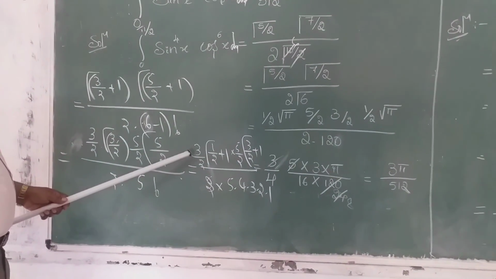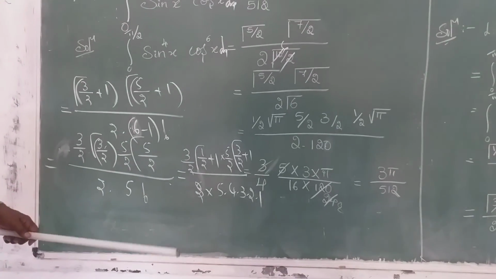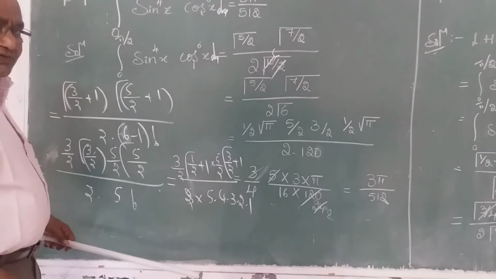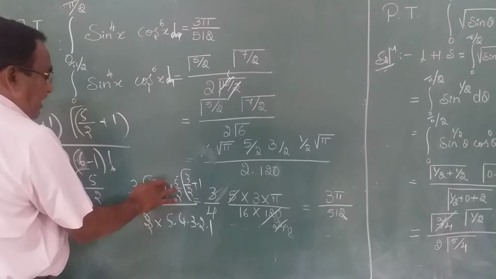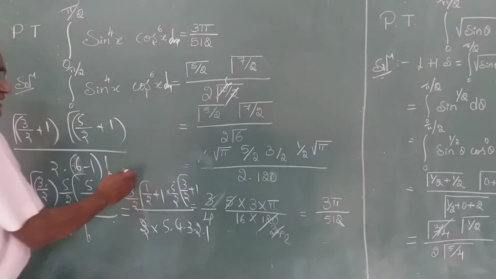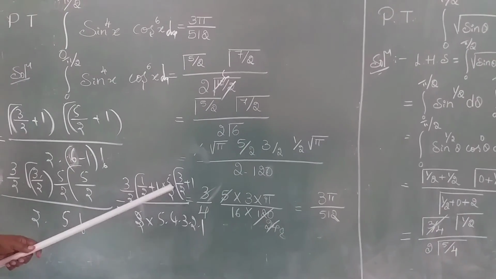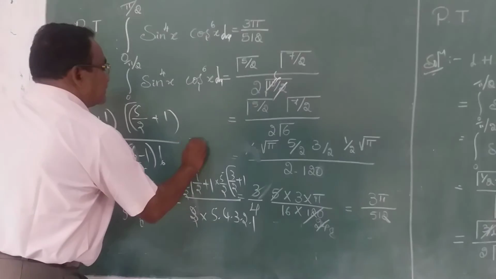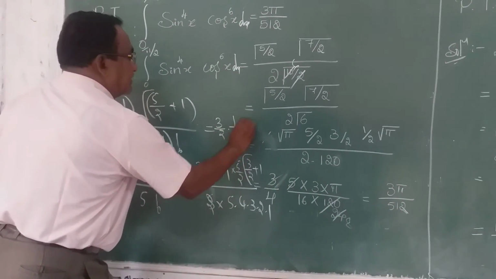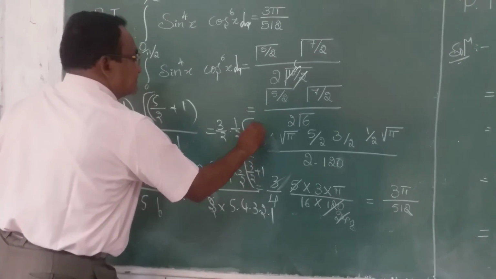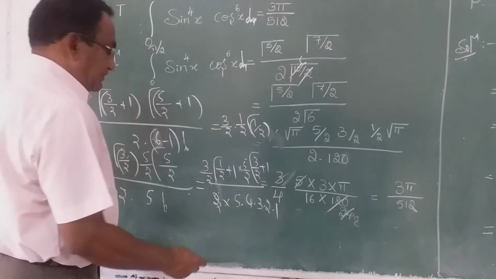Yes, this is 3 by 2, you write it as it is, into gamma half plus 1, again gamma n plus 1 is n into gamma n. It is 3 by 2, n is half, into gamma half.